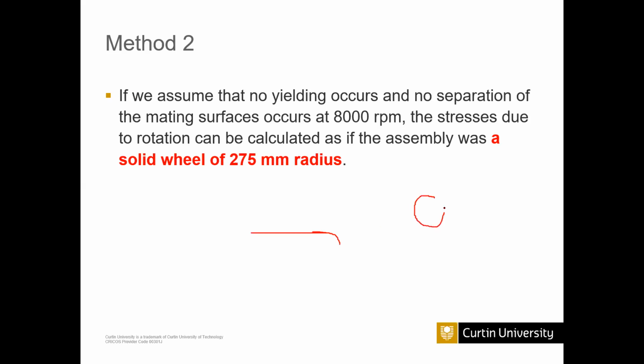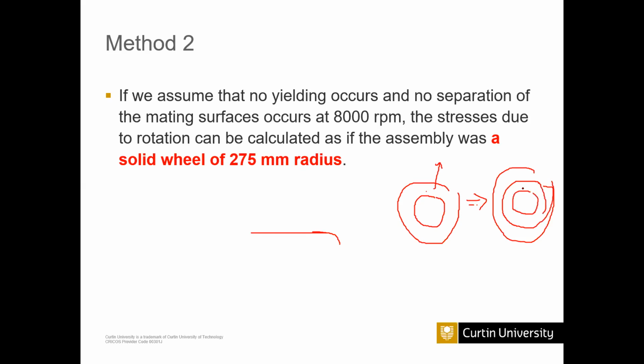Assume this is a rim. Okay, this is the wheel. So the rim and wheel touch each other due to expansion. This tire will, okay, I will draw here. This tire will be like this, and the rim will remain here. So there is a gap.